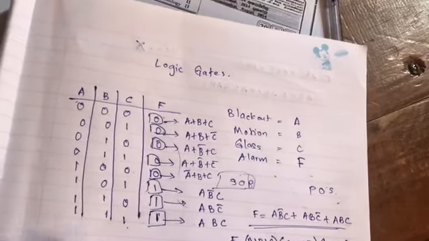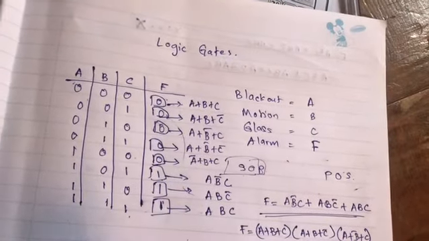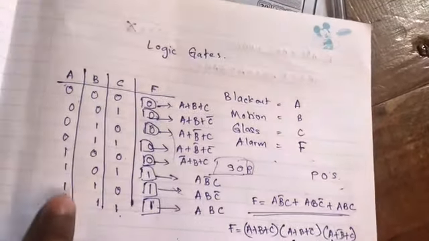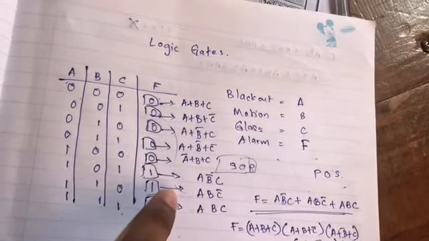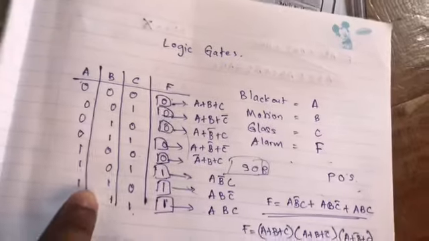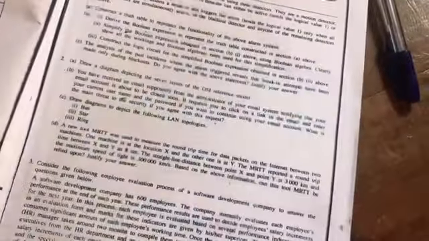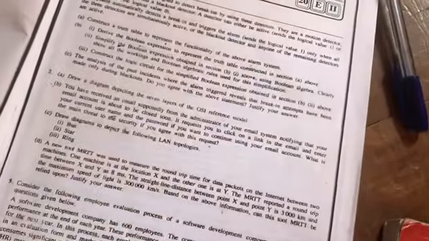So you have to accept that and explain it, stating that the alarm only goes off if the blackout sensor is going off. That statement would suffice. So that's the end of the actual logic gate question that we are doing.